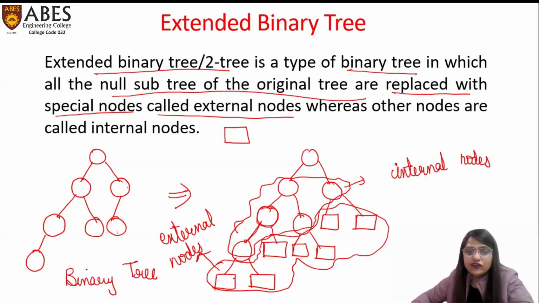Okay? Leaf nodes will be represented by external nodes and internal nodes will be represented by a normal circle. Internal nodes will have two children. We can see here, this is an internal node and it has two children. This is an internal node, it has two children. This is an internal node, it has two children, and we can see it at any other level as well.